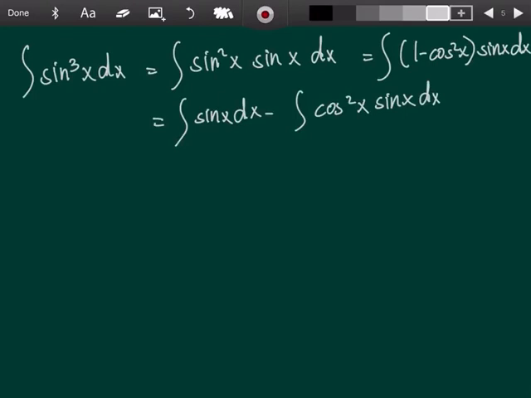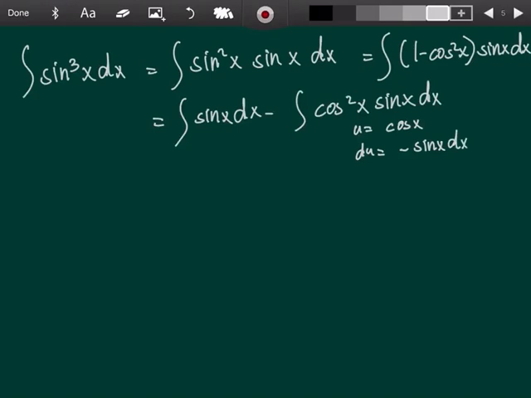Okay, what is our rule from the two special substitution rules? Where is the odd power? It is sine. If m is odd, substitute u as cosine x. So we let u equal cosine x. If u is equal to cosine x, our du is equal to negative sine x dx.